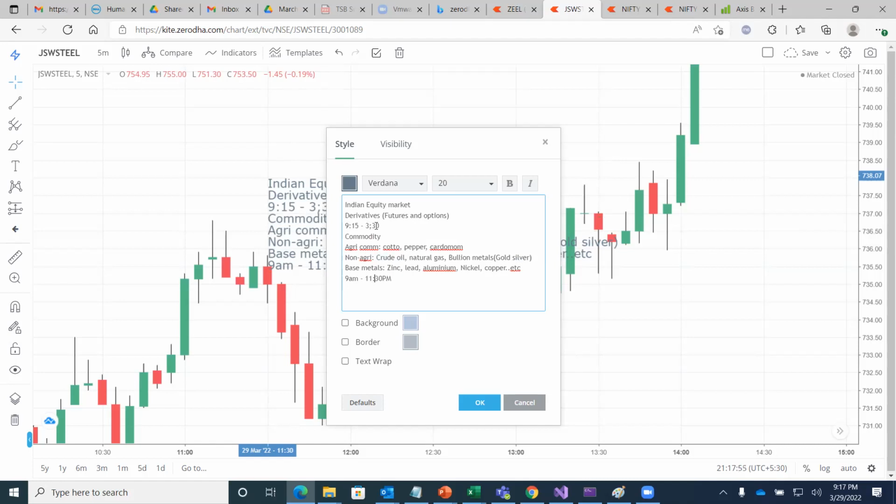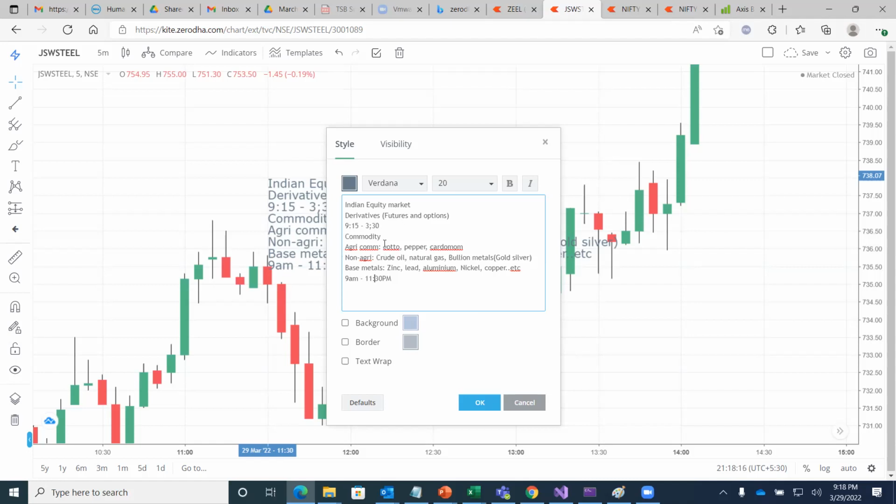Basically, the strategy remains the same, because the strategy is derived from demand and supply, which is the basis of every market, be it the stock market or wherever you go in life.